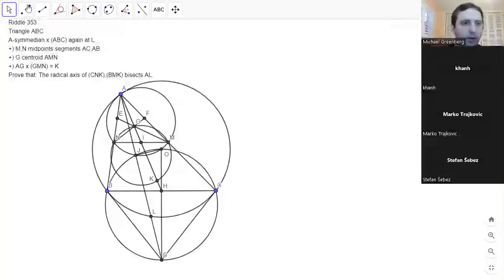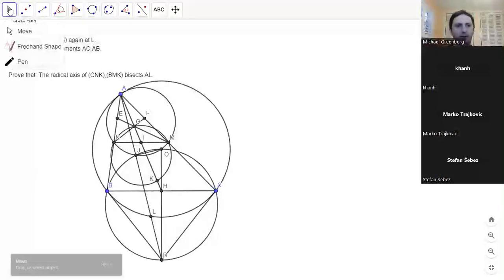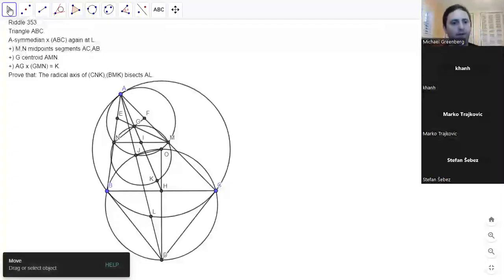So we want to show the radical axis of CNK and BMK bisects AL. So what's another way? I mean, we want to show that J lies on the radical axis of those two. That's another way to say it.